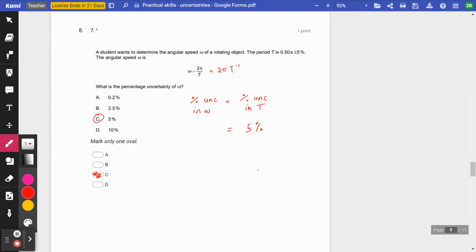If you really wanted to, you can add the minus, but remember it's plus minus, so that doesn't make a difference. So the percentage uncertainty in omega is essentially the percentage uncertainty in t. Here the percentage uncertainty in T is 5%. So that's going to be the percentage uncertainty in omega as well. So that's 5%.